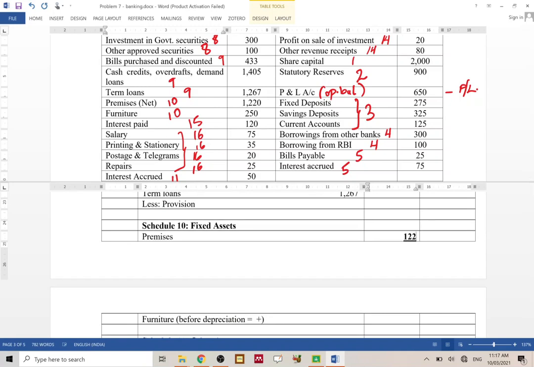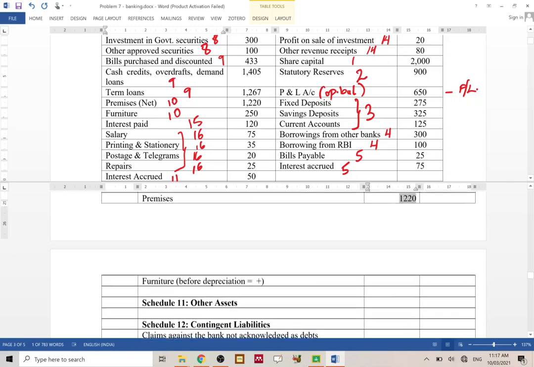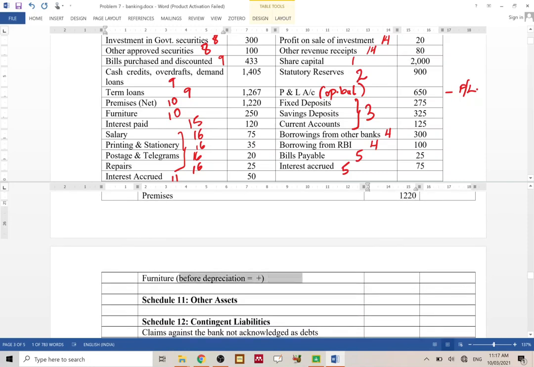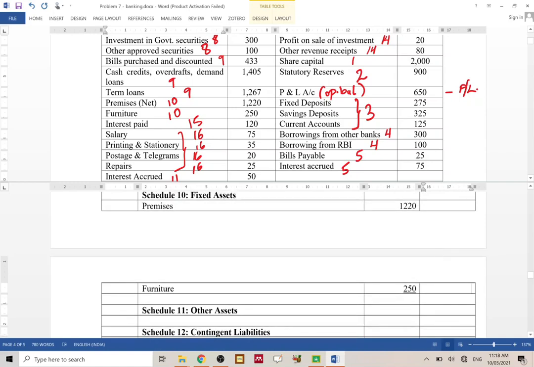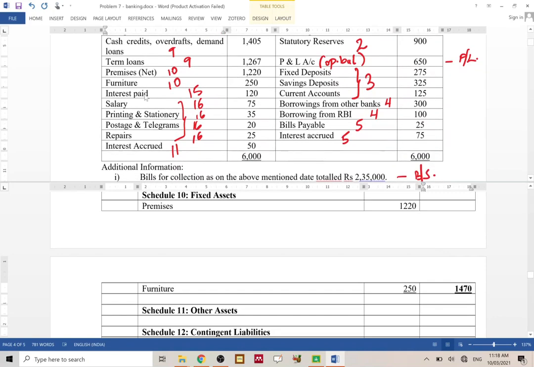So 1220 in the inner column, not to be totaled yet, and in case of furniture it is 250 in the inner column. Total of both the fixed assets, 1470. So we have it in the outer column, final total.